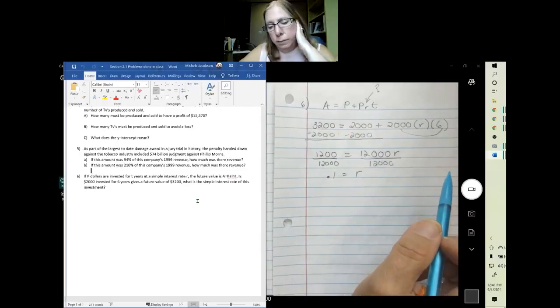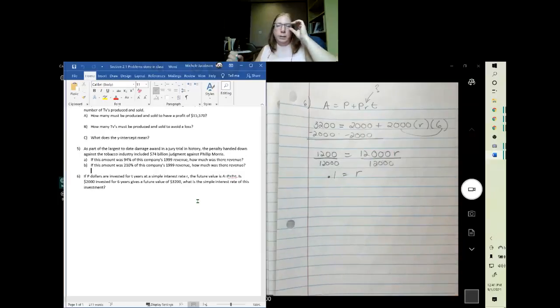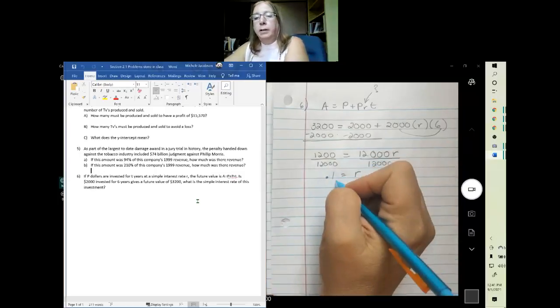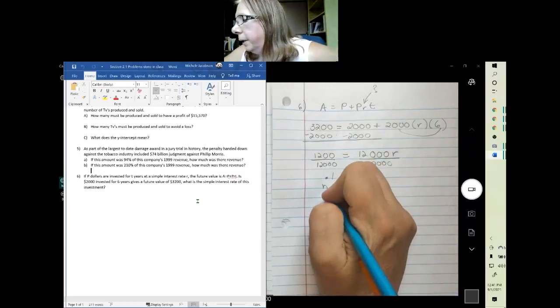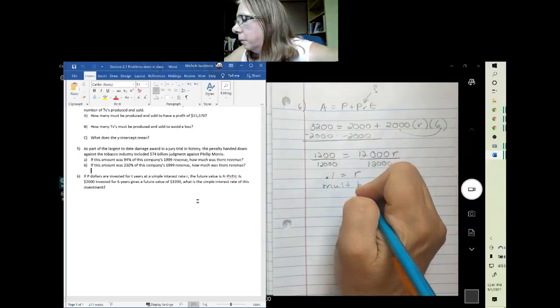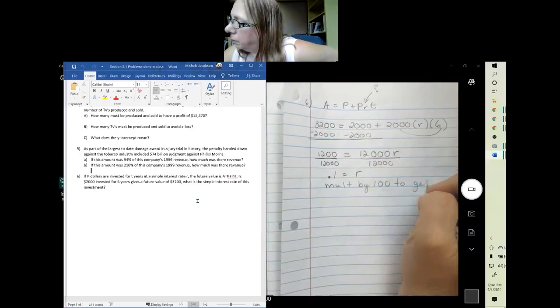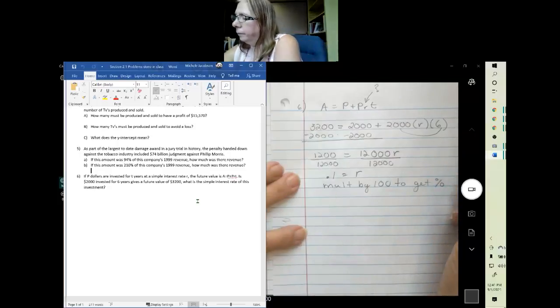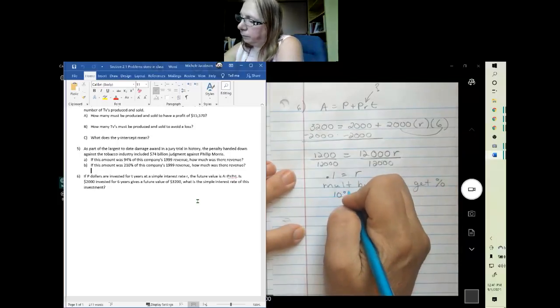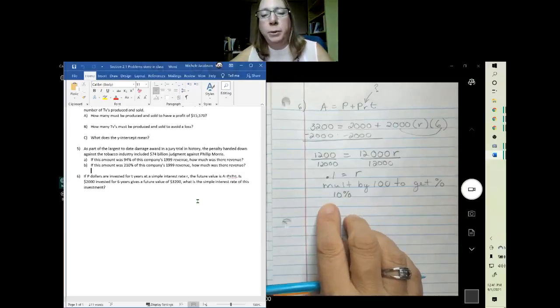Any questions on solving it? Now, what you want to be careful on MyLabs, do they want the rate or do they want the percent? And usually they'll say, or they'll show a little percent sign next to it. This is the rate. You have to multiply by 100 to make it a percent. So it would be a 10% rate.